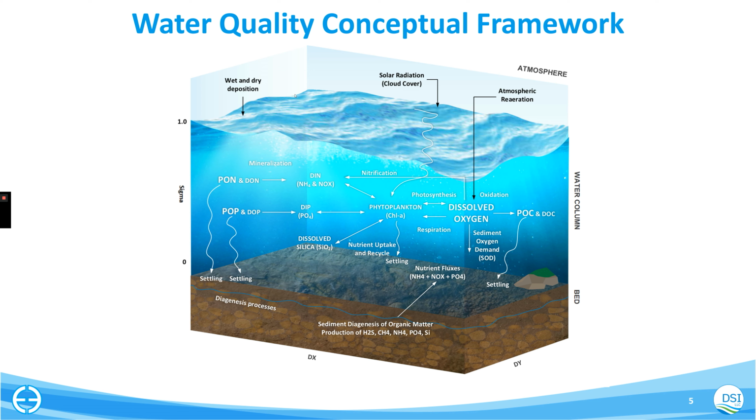You don't have to model diagenesis; it's optional. Even if you're going to model water quality, you can just ignore the sediment bed processes completely, just set everything to 0, or you can specify spatially and temporally varying fluxes manually if you want.